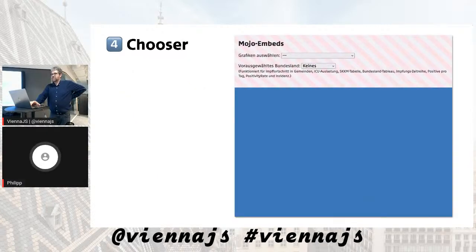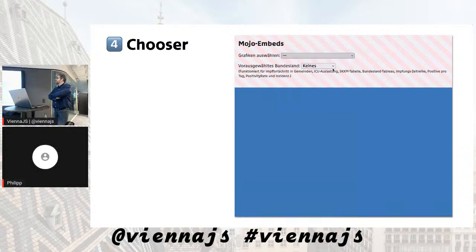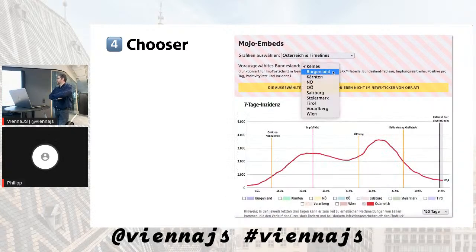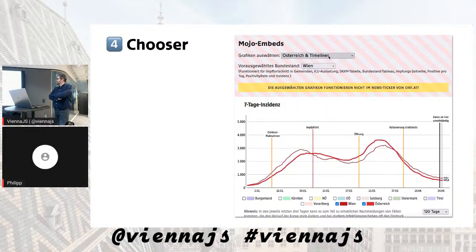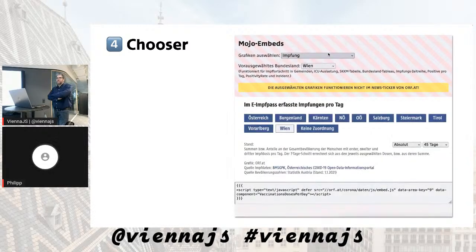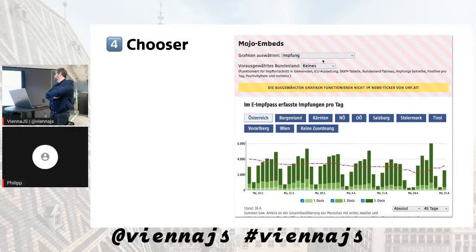And for our newsroom team, we have a special view of our single-page app, where they can just choose which components they want to embed. So for example, here the Austrian timelines, and then if they are working in, let's say, Landesstudio Wien, they can just choose Wien as Bundesland state.